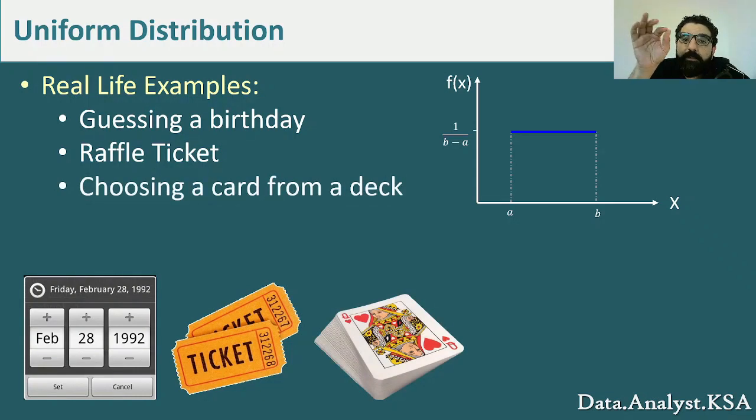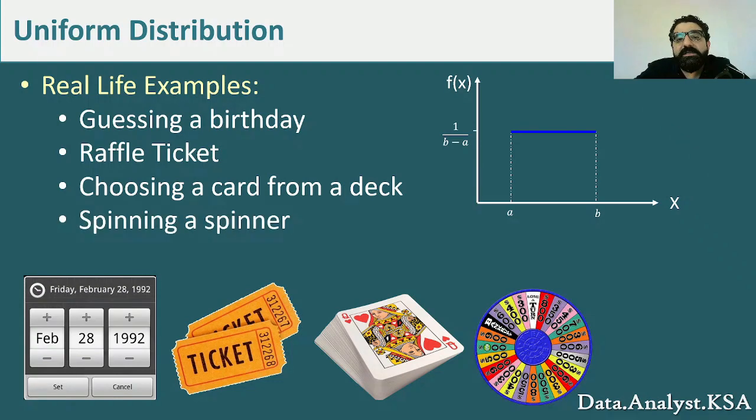Choosing a card from a deck of cards: each card in a deck has a probability of 1 over the number of cards in the deck, so every single one has the same probability of getting selected. And this follows a uniform distribution. Spinning a spinner, assuming that the spinner has an equal distribution of weight or it's balanced.